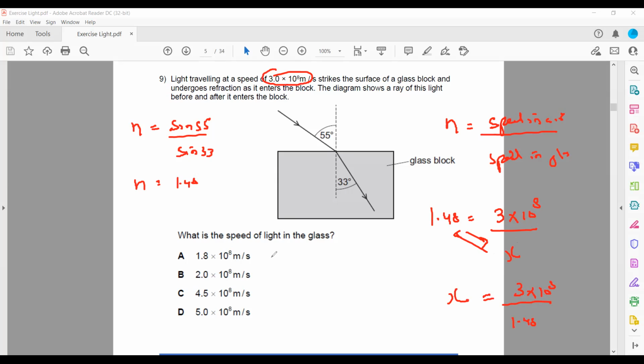When we simplify, it is approximately 2 × 10^8 meters per second. Is this question clear? That is how we work out the speed of the light in a glass by using the refractive index.